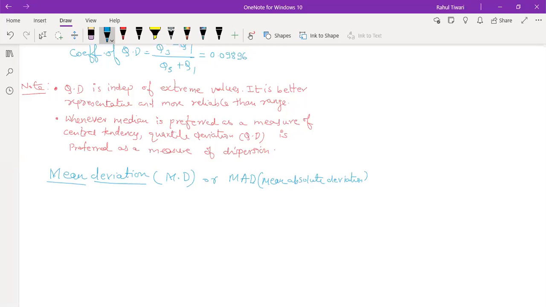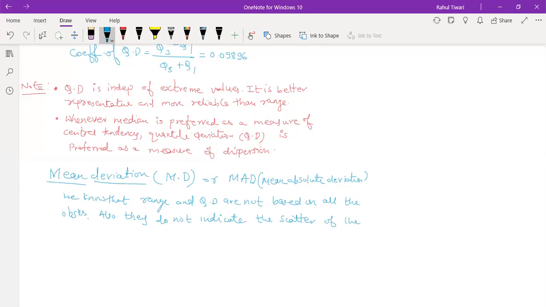So we know that range and QD, quartile deviation, are not based on all the observations, and they do not indicate the scatter of the observations from the average value.